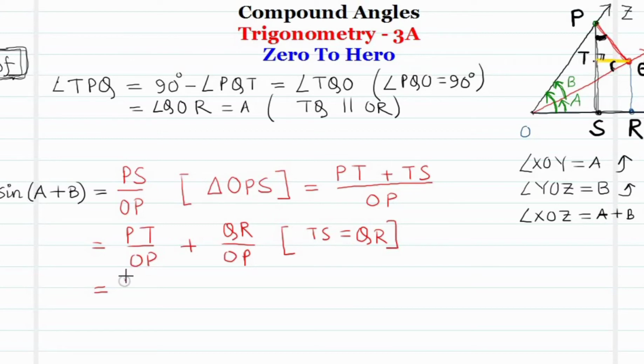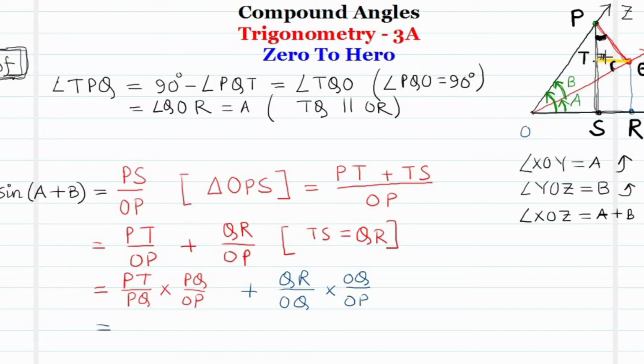That is the same as PT by PQ into PQ by OP, and the second term is QR by OQ into OQ by OP. Now what is the value of PT by PQ?